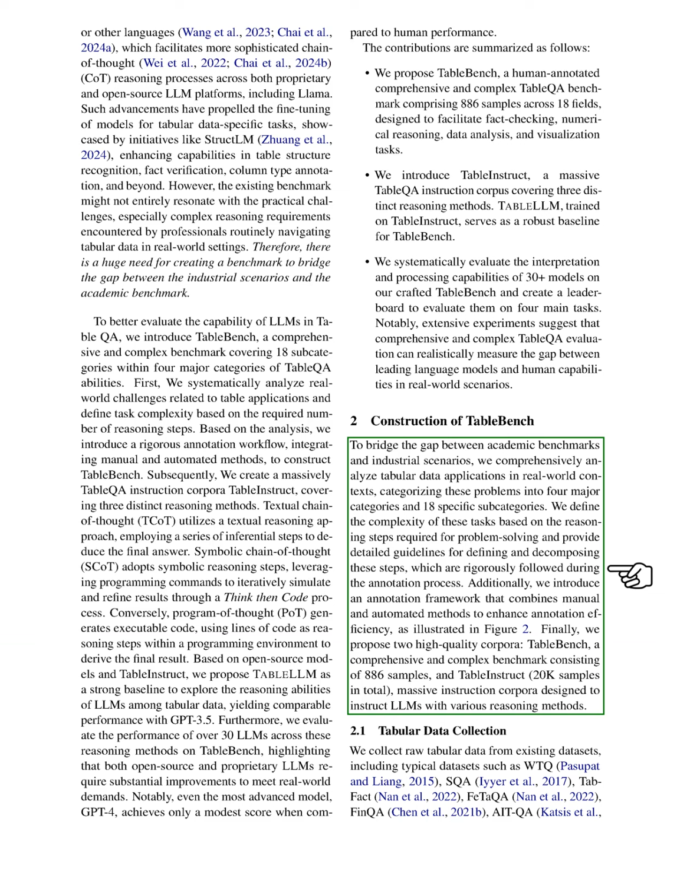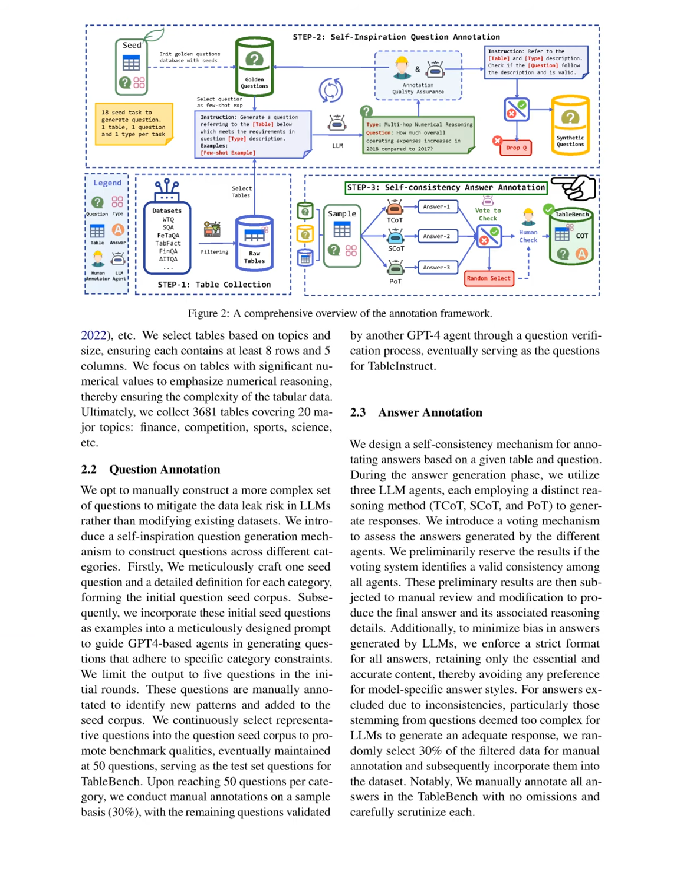We also introduce an annotation framework that combines manual and automated methods to improve efficiency. Ultimately, we collect raw tabular data from various existing datasets, focusing on tables with significant numerical values to ensure complexity, resulting in a total of 3,681 tables across 20 major topics, including finance, sports, and science.